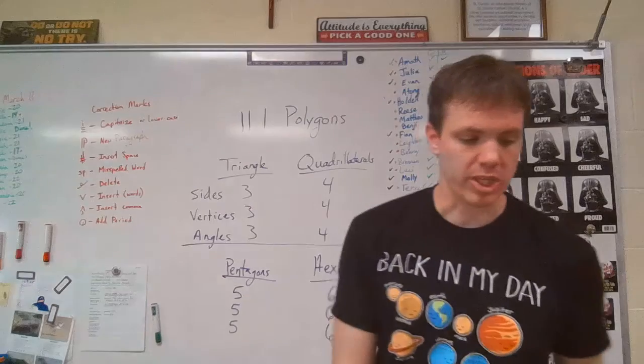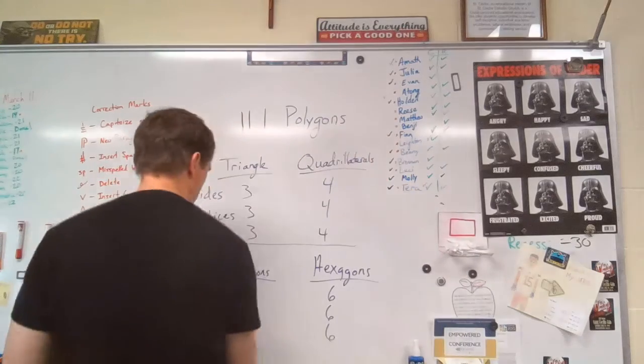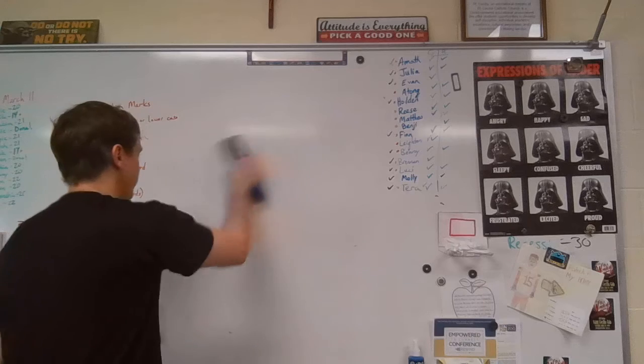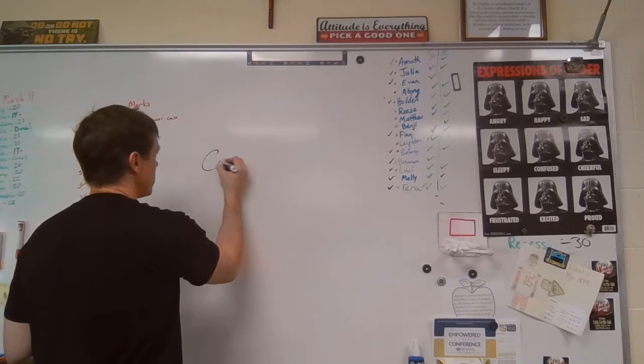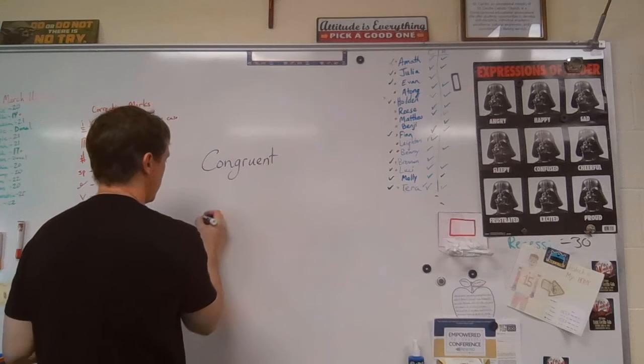So all of them are going to be 10, 10, 10. Cool. So the other 2 vocabulary words that you need to be aware of for this lesson are actually very closely related. So we have congruent, and then we have regular.